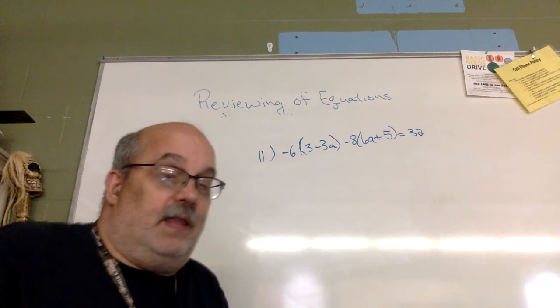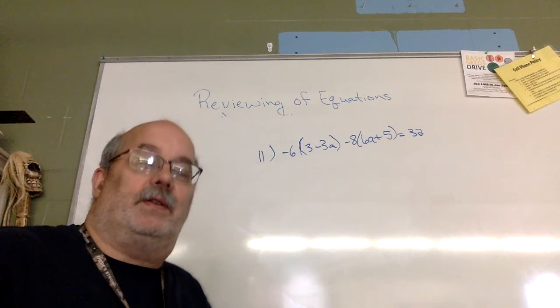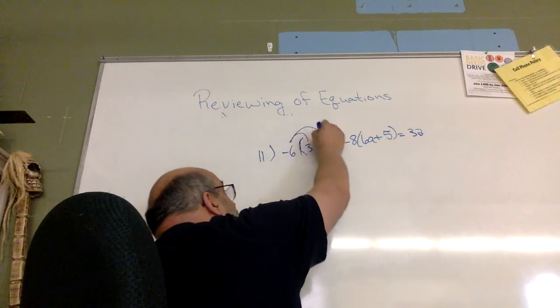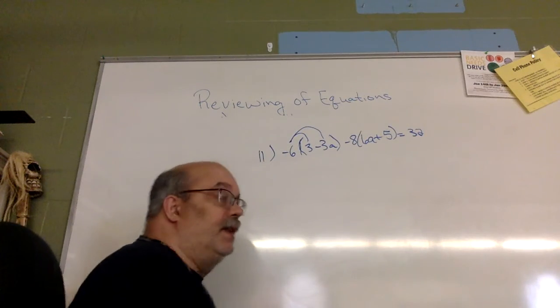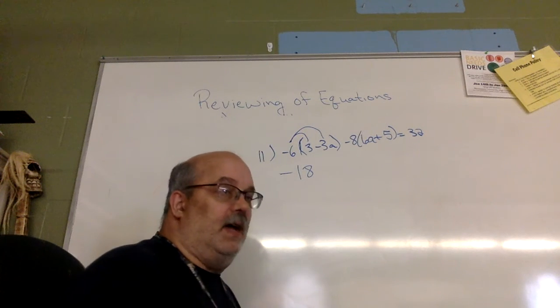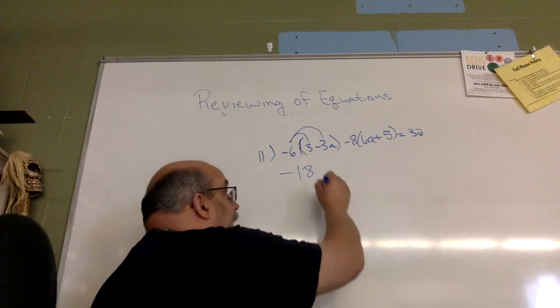One has an a, the other one doesn't. Can't do anything. So now we want to distribute in both of them. Negative 6 times 3 is negative 18. Negative 6 times negative 3a is positive 18a.